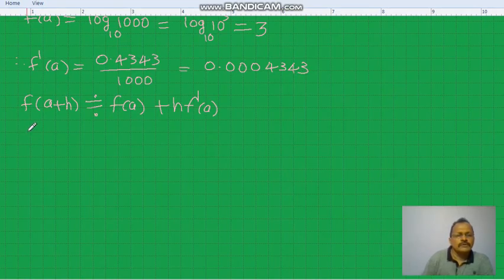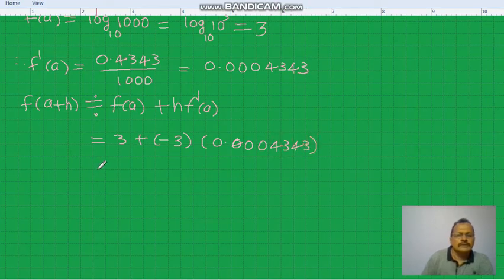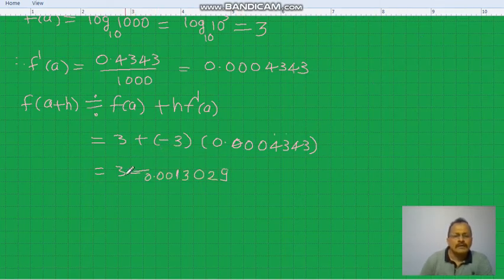We have found out f(a) is 3, the value of h is minus 3, and f'(a) is 0.0004343. This is equal to 3 minus, let us take this product, 3 minus 0.0013029.